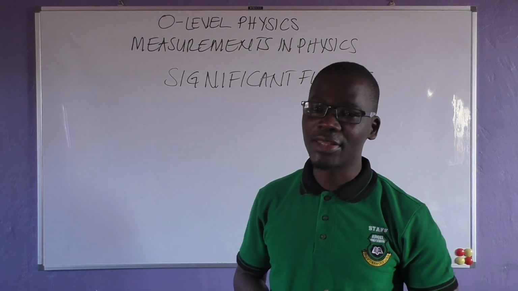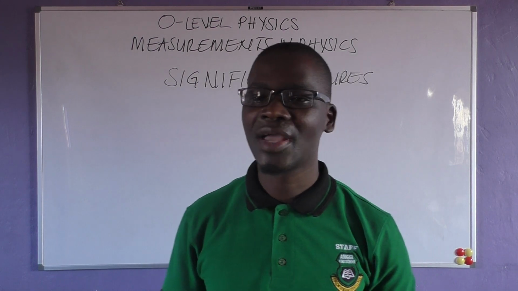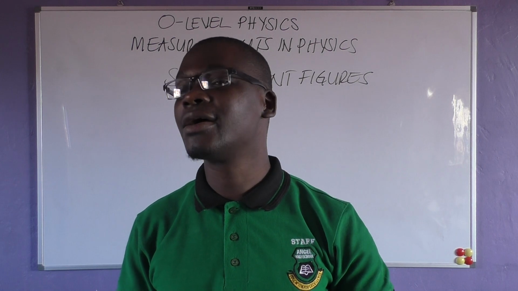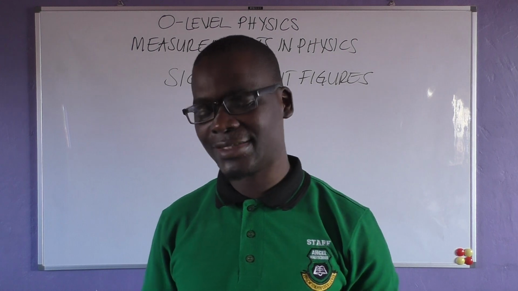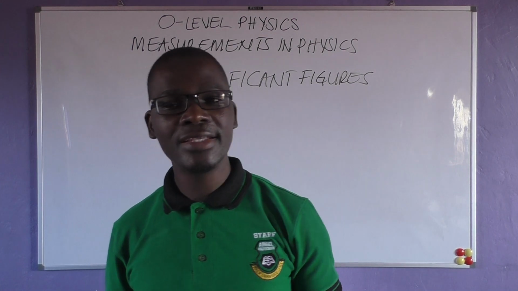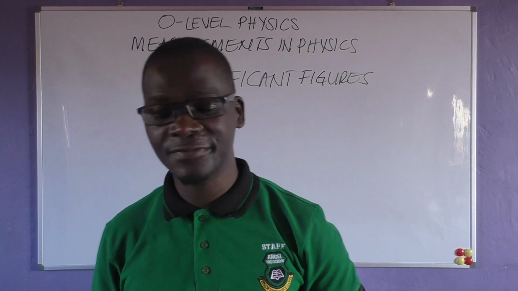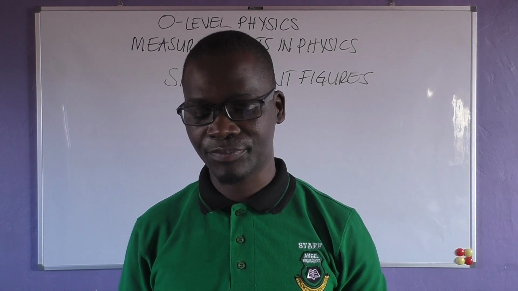Today we are looking at significant figures. We call them significant because they are more important figures. Under significant figures, we shall learn about rounding off and the scientific notation.